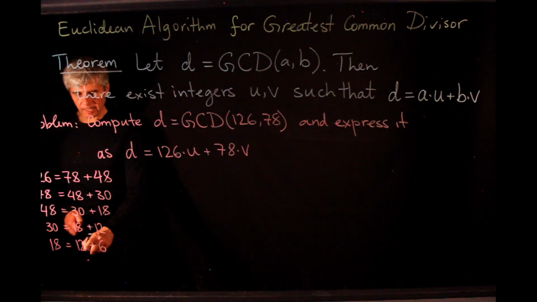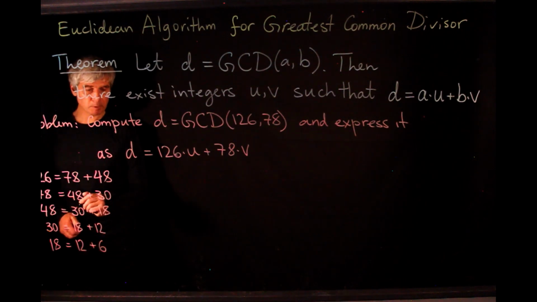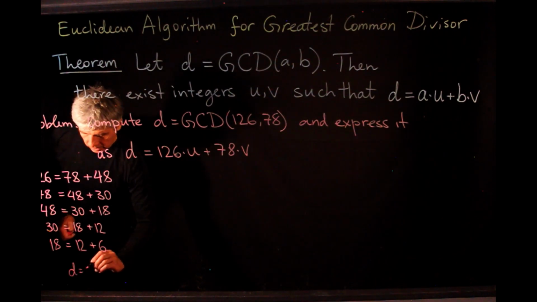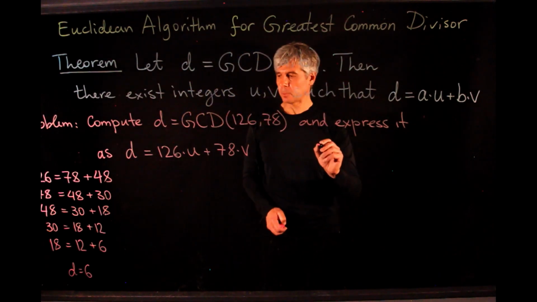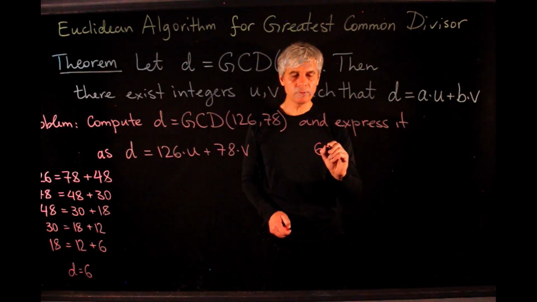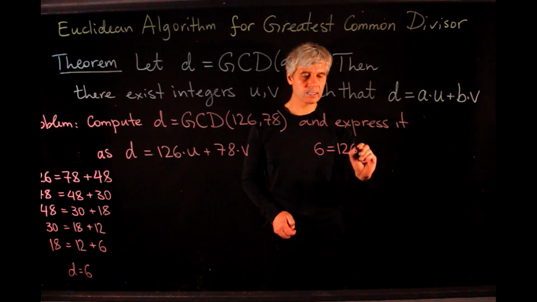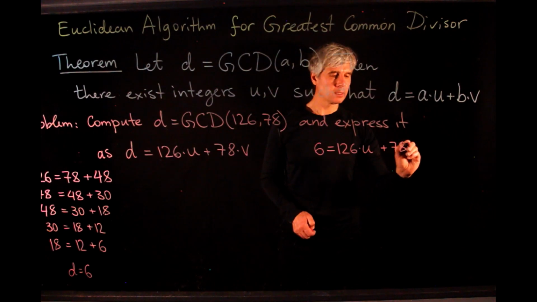And now we see that the GCD of 12 and 6 is equal to 6 because 12 is divisible by 6. And so we conclude from here that d is equal to 6. So now we need to find u and v such that 6 is equal to 126 times u plus 78 times v.